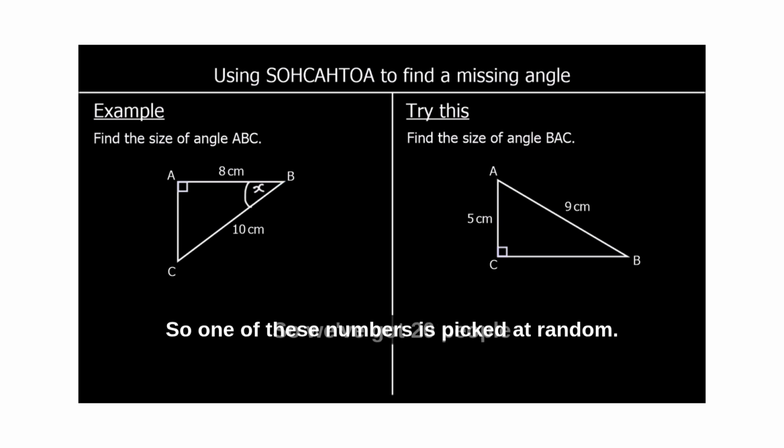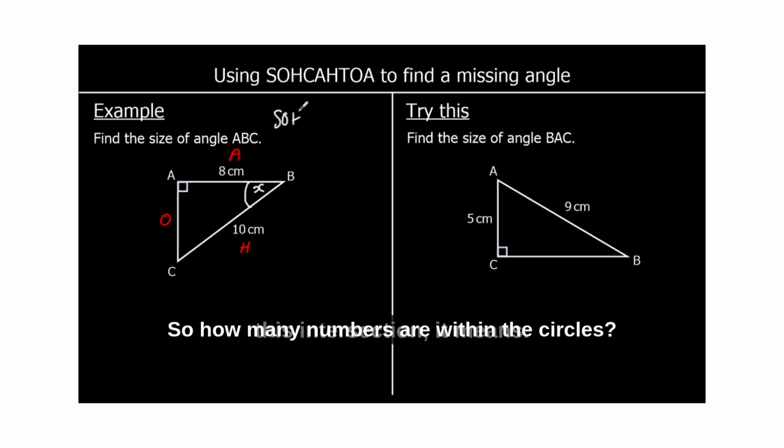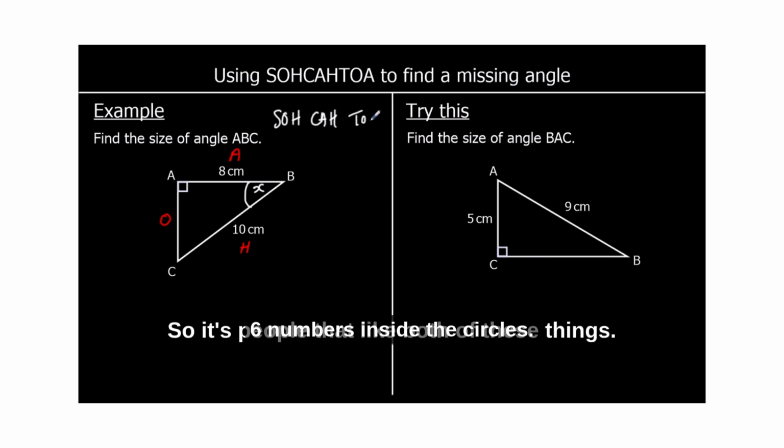The first step is to label the triangle. So the hypotenuse is the longest side, opposite the right angle. The opposite is opposite the angle we're using. And the adjacent is in between the right angle and the angle. So we use one of our ratios, either sin, cos, or tan.